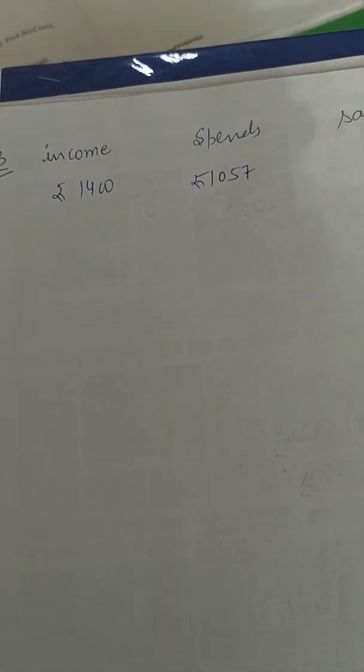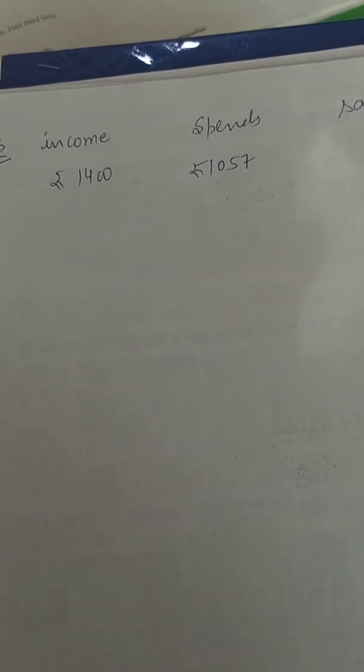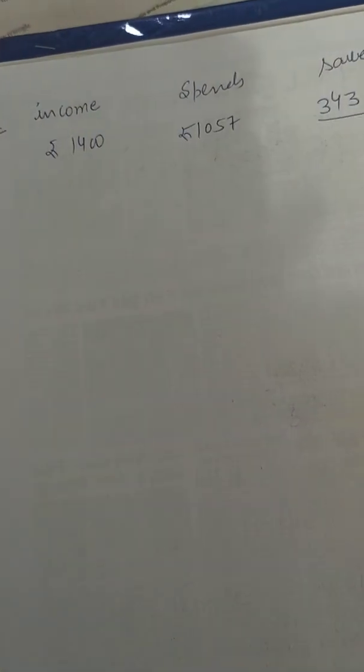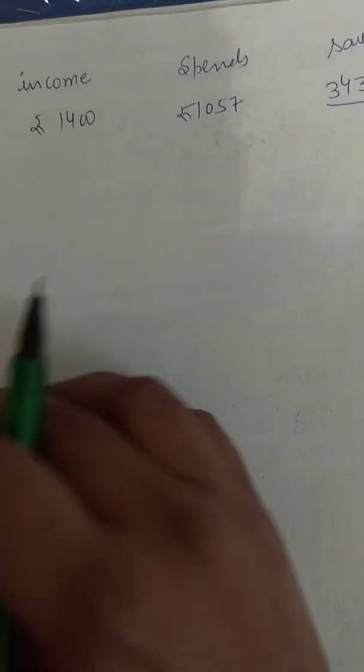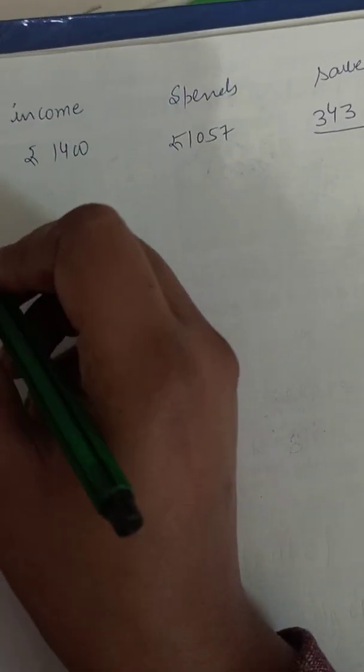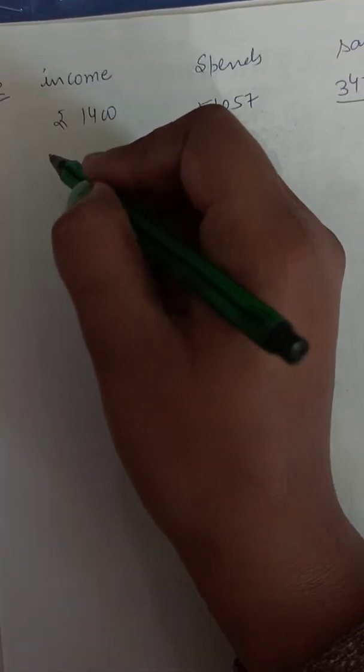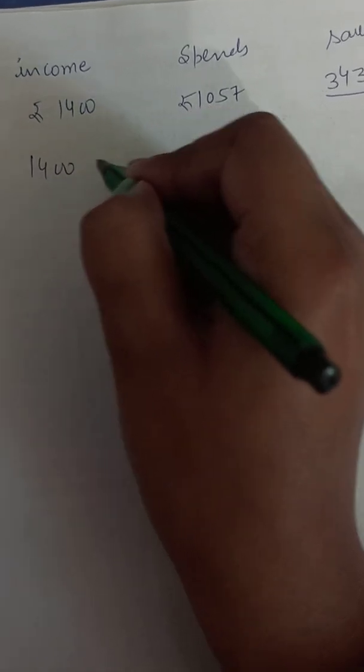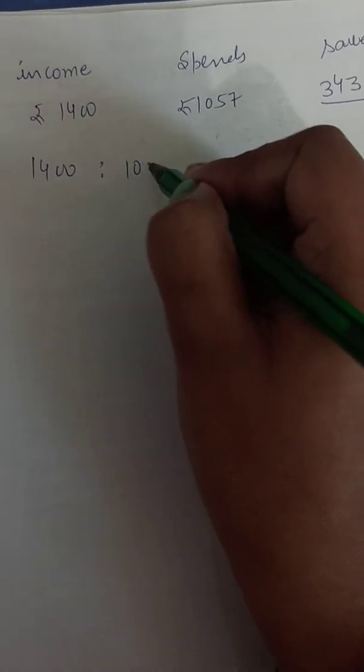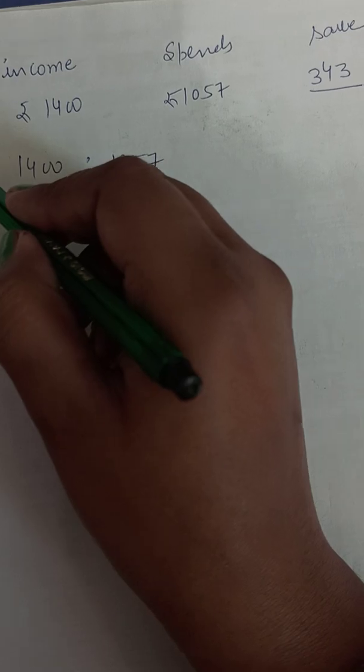Out of his expense he saves, that is 10 minus 7 is 3, 9 minus 5 is 4, 3, so 343 rupees he saves. Now we have to find the ratio of income to expenditure. So income is 1400 and expenditure is 1057, right?